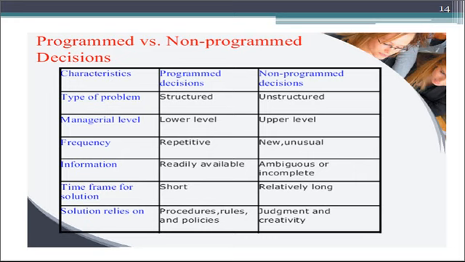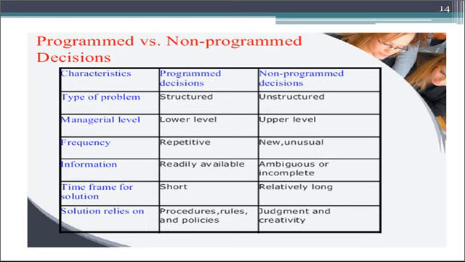The frequency of programmed decisions is repetitive, and of non-programmed decisions is unusual. Information for programmed decisions is readily available, while information for non-programmed decisions is ambiguous or incomplete.